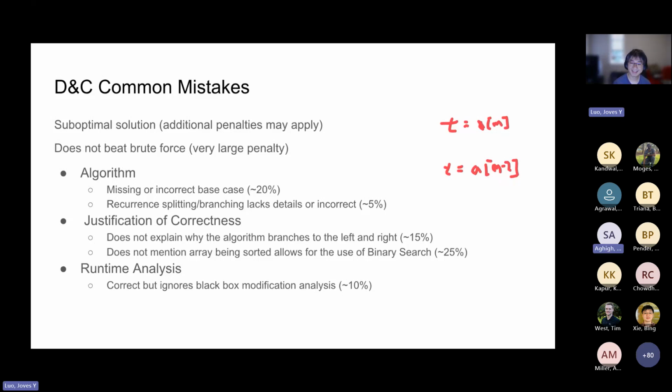But I will say, and I don't know if the TAs want me to tell you this, but I'm here to help. If your solution has some aspects of divide and conquer in there, that might be good enough to get away with it.